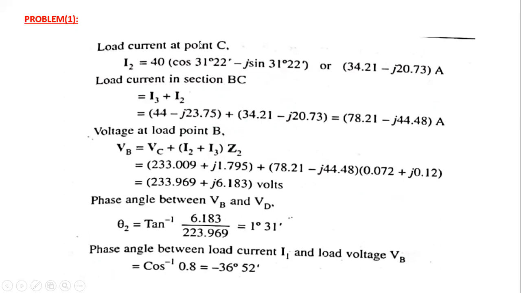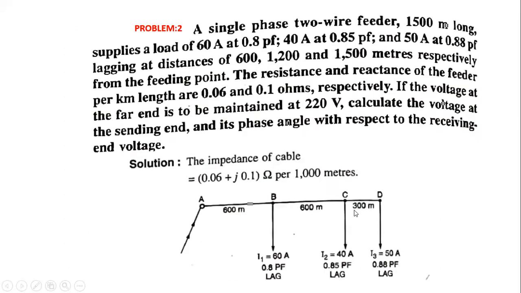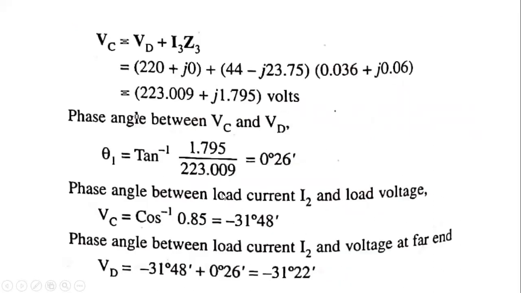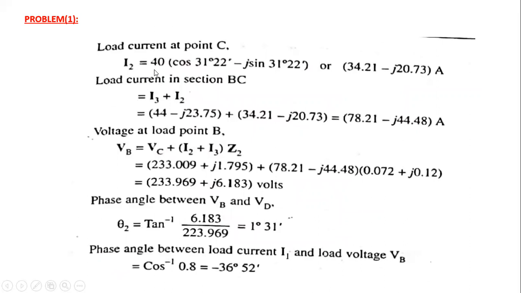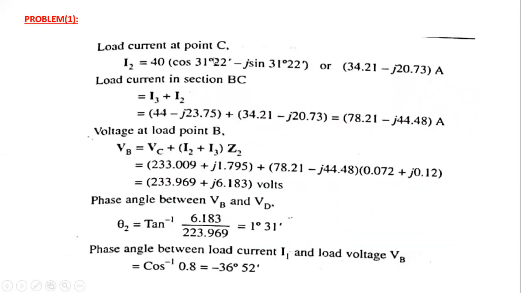Next, the load current at point C. What is the current at point C? I2 is equal to 40 amperes and cos phi 2 equal to 0.85, so I2 is equal to 31.22 minus j 31.22.